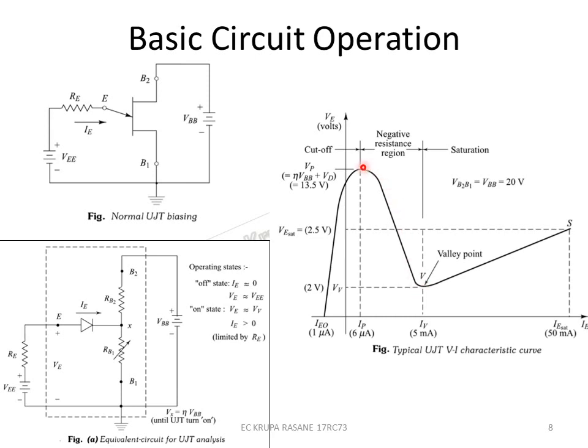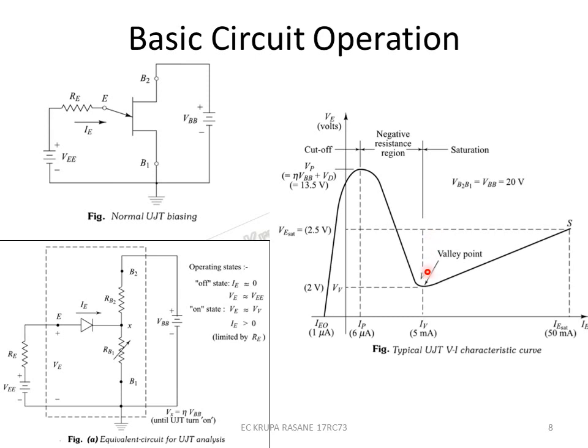This region is basically the region used when the UJT is converted into an oscillator. So this characteristic of the UJT is important to us because if I operate it in this region, it is possible to use it as an oscillator.